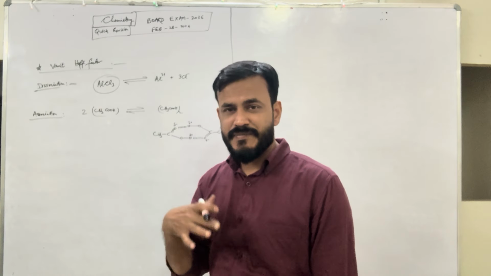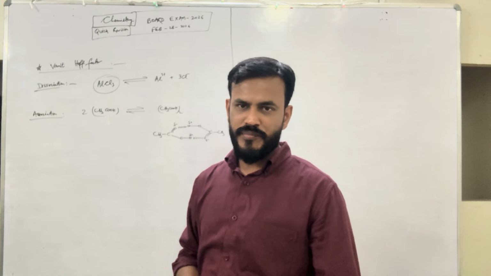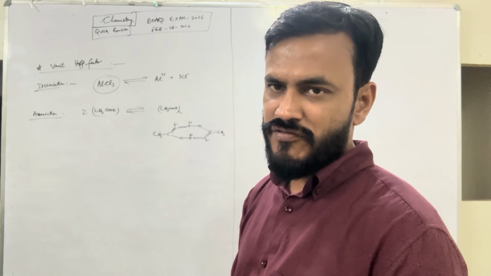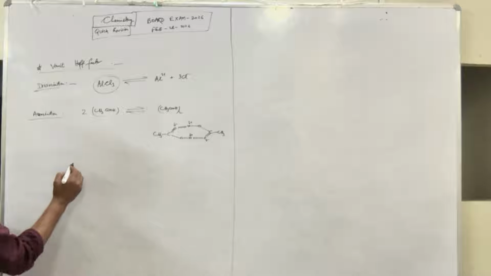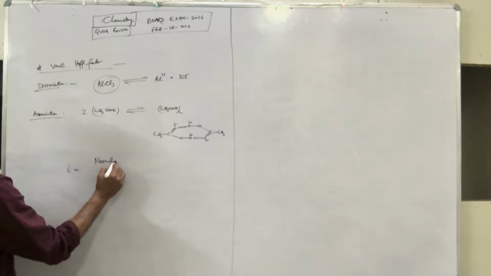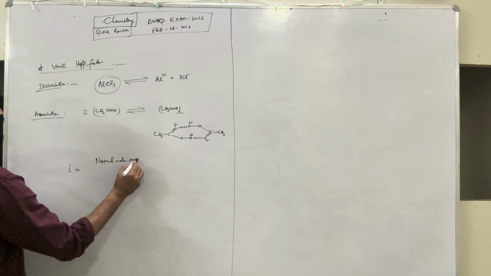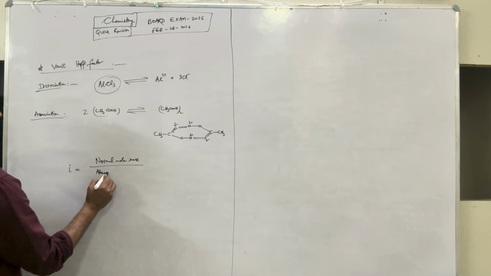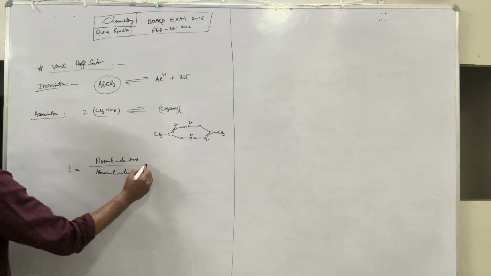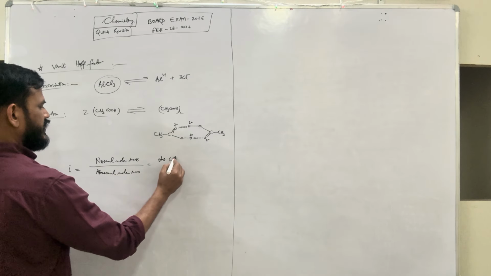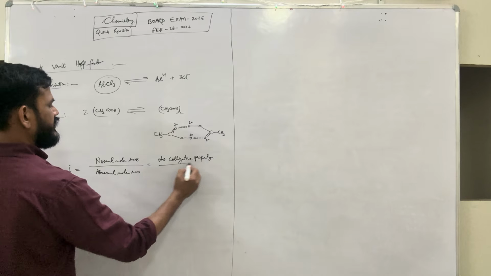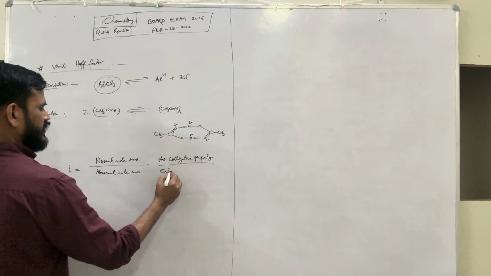So this changes the expected values for the colligative property, and these are taken care of by the factor which is known as Van't-Hoff factor. So what is the formula for Van't-Hoff factor? It is represented by i, and it is normal molar mass divided by abnormal molar mass. It is also equal to observed colligative property divided by calculated colligative property.